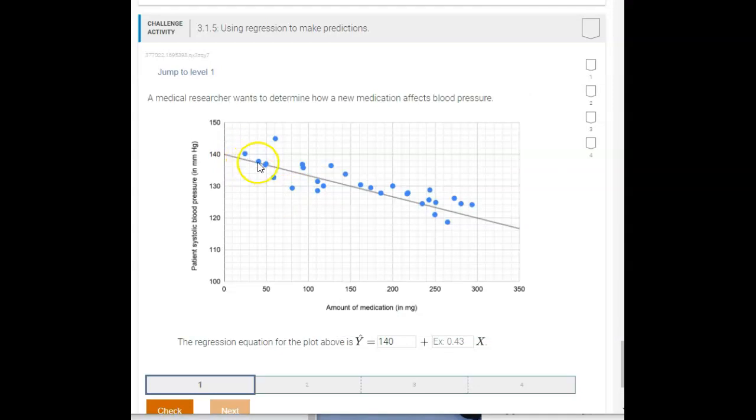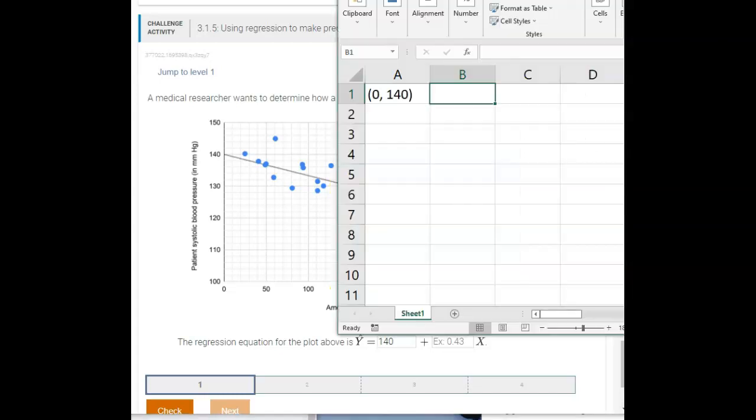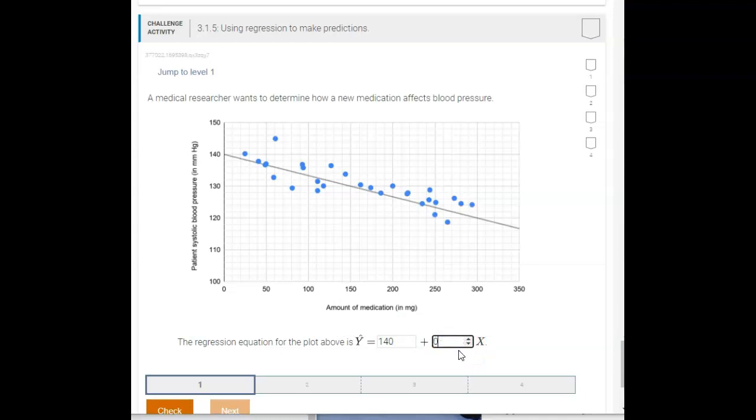It doesn't have to be an actual data value. We just need to see where this line crosses some nice coordinates, x 150 and y 130. And then doing subtraction, 130 minus 140 gives me negative 10. And on the bottom, 150 minus 0 gives me 150. I should get a negative since the line's going down. And if I do negative 10 divided by 150, I get negative 0.067. And so that's the number that's multiplied by x.